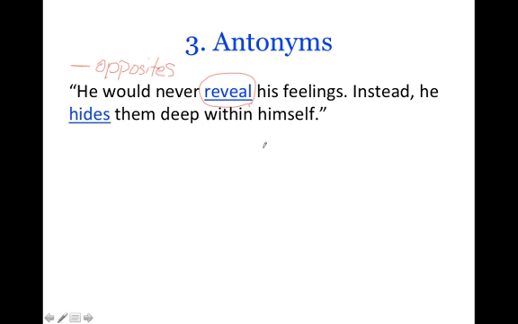Well, what does that mean? Instead, he hides them deep within himself. Okay? So this word here gives us a clue because instead means the opposite. So he doesn't do something, he does the opposite. The opposite of reveal is hide.